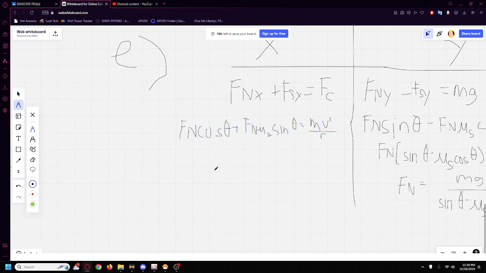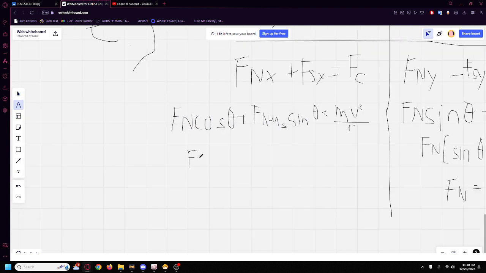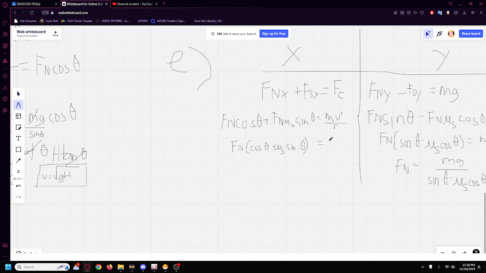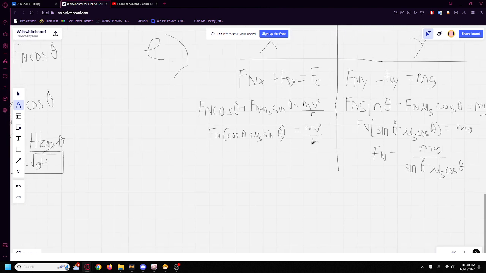So we can factor FN out, and then now we substitute FN.